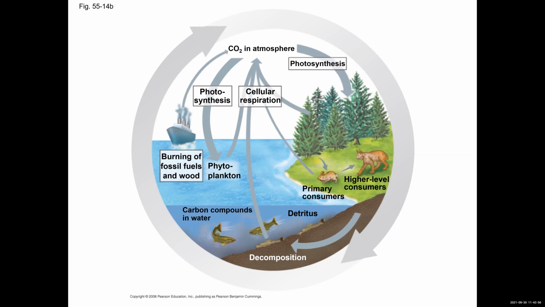We've got burning of fossil fuels moving carbon dioxide into the atmosphere. We've got an oceanic component here. We've got primary consumers, higher level consumers, some mysterious stuff going on over here. But this diagram, this version of it, it's pretty, but it leaves out some important information. So I'm going to do a sketch for you for this one as well.